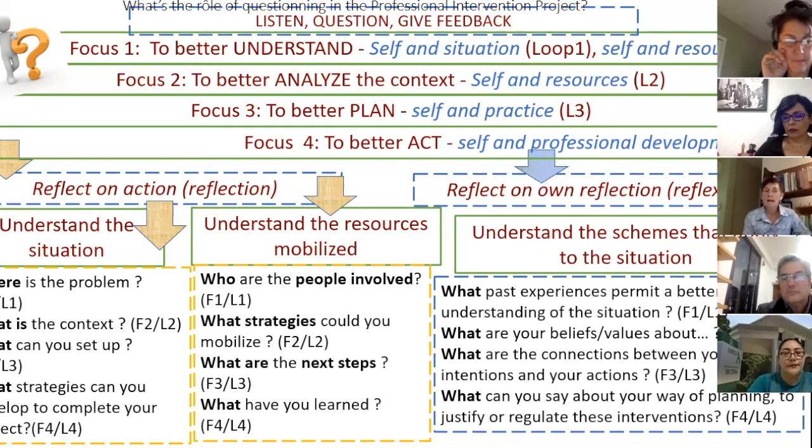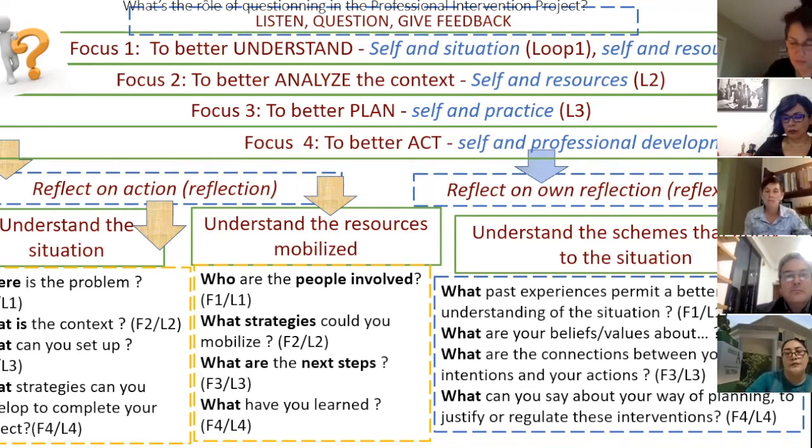Therefore, we will be asking different questions if we want to reflect, or if we want to reflect on our own reflection, which we'll call reflexivity.